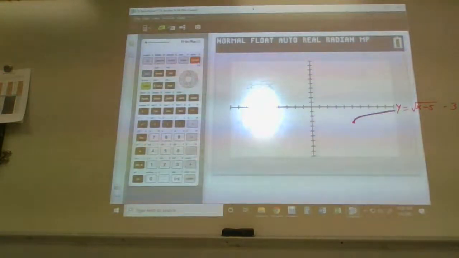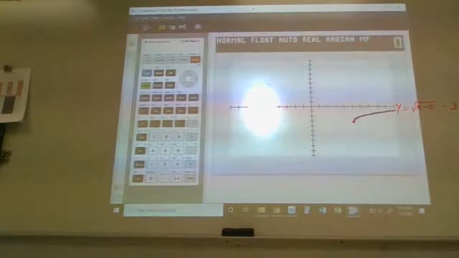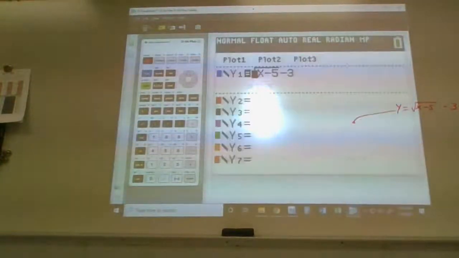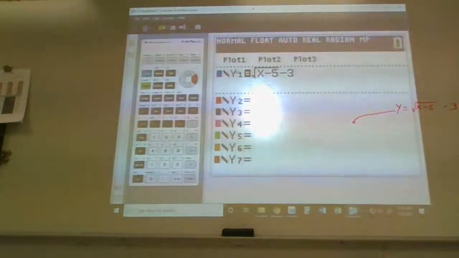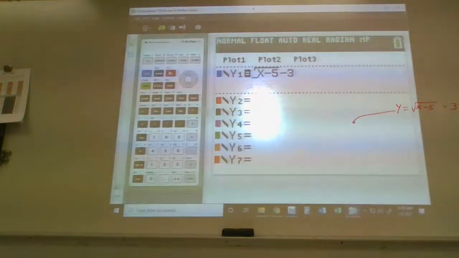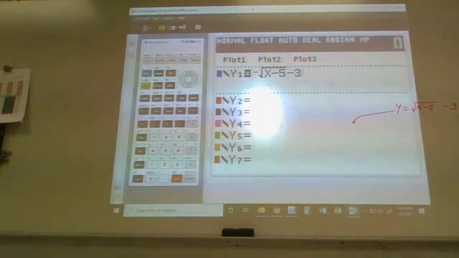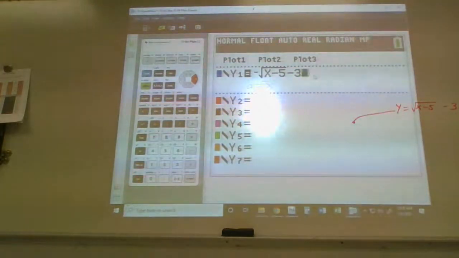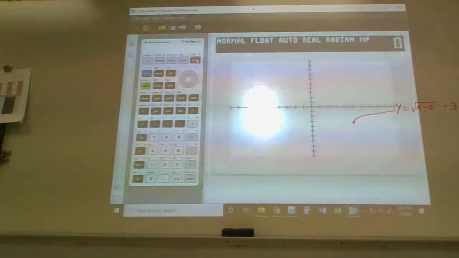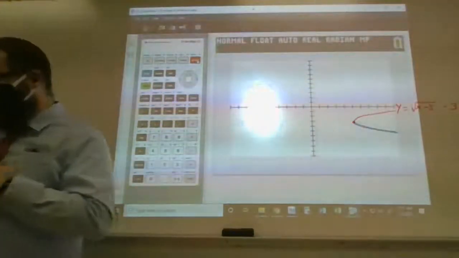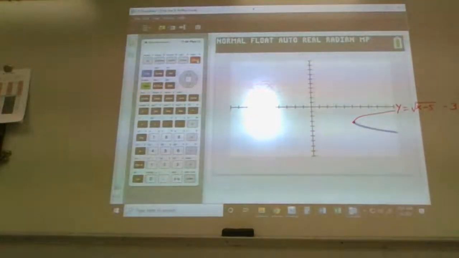But now what I'm going to do is insert a negative sign right there in front of the function. Now that negative sign is my A value. It's multiplying that square root by that negative, and I want to show you what happens to it, and it completes the rest of that sideways parabola.